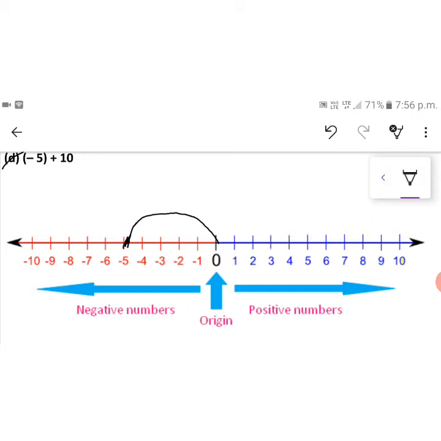And then from this point we move 10 steps to the right. 1, 2, 3, 4, 5, 6, 7, 8, 9, 10. We reach plus 5. Therefore, minus 5 plus 10 equal to plus 5.